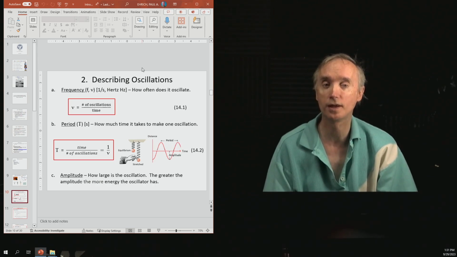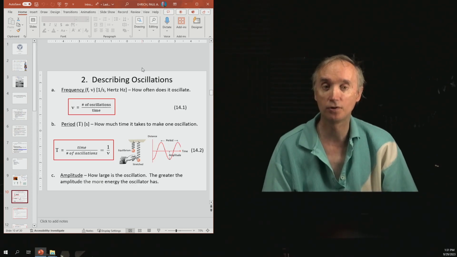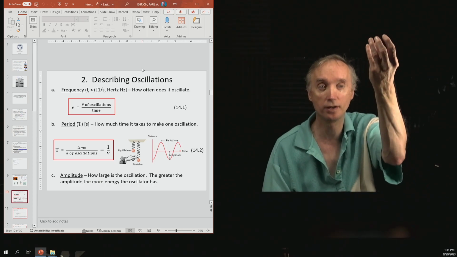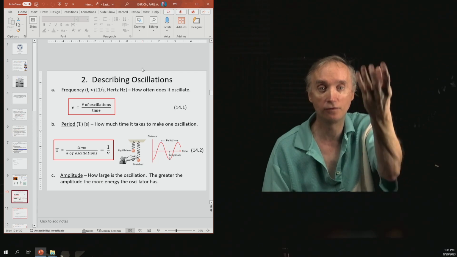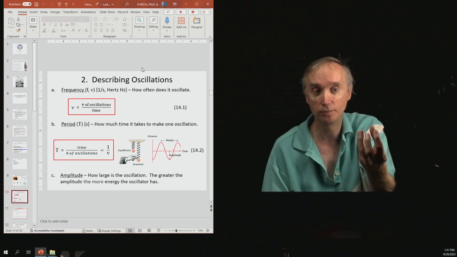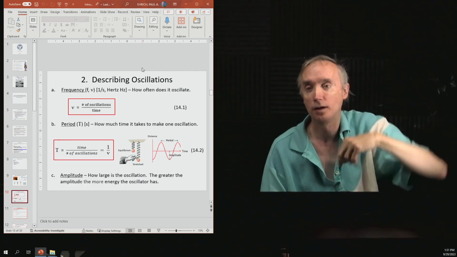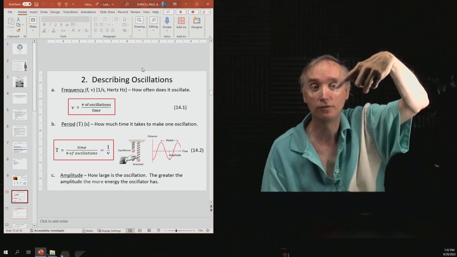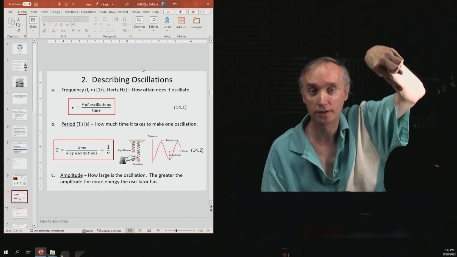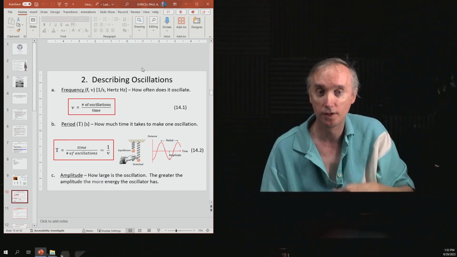So know what the amplitude of an oscillator is. In the case of a spring, it's going to be how far you stretch the spring before you let it go. But in the case of the pendulum, it's going to be how far out that you pull it. That's going to be the amplitude of it.